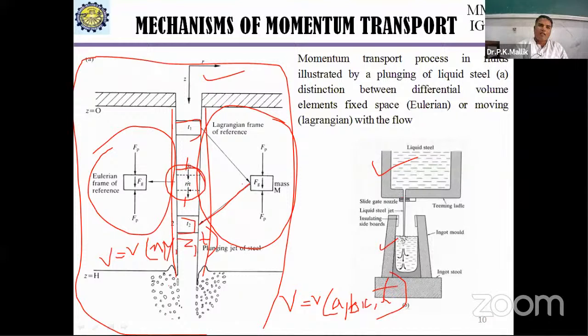What heat transfer enters the system and leaves the system? That is what we use. In the Lagrangian case, you have to follow the fluid between two points, at time t1 and time t2. So these are the two frames of reference. For easy solutions, we use the Eulerian frame of reference to solve our problems.